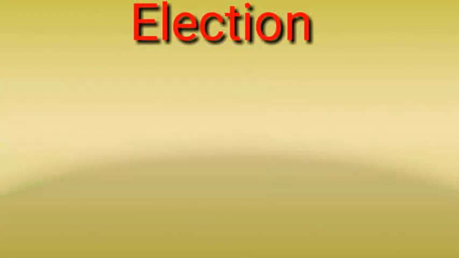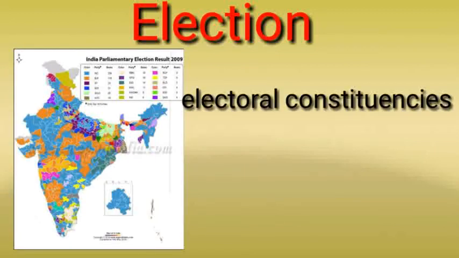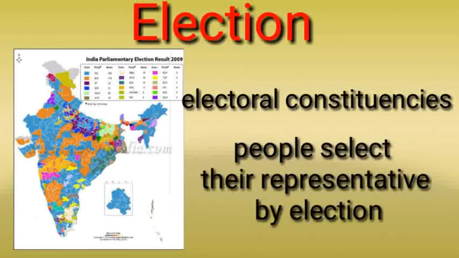For that, the state is divided into parts that we call electoral constituencies, and for each constituency, political parties field their candidates. People select during the voting time who is better according to them, and select the best for that particular constituency.